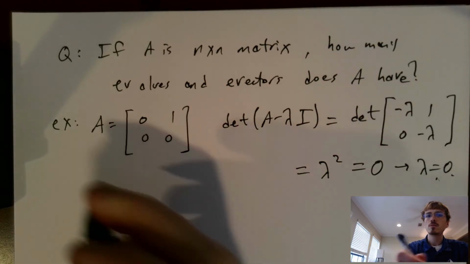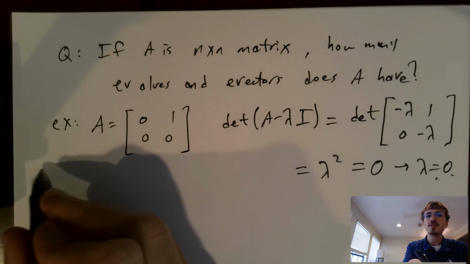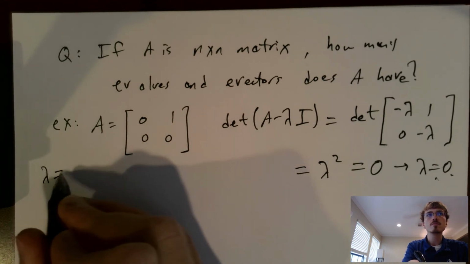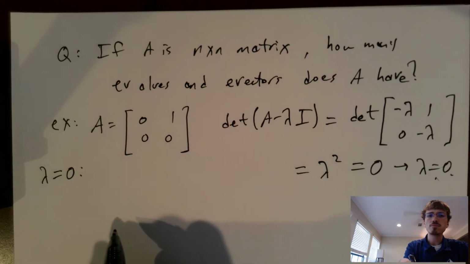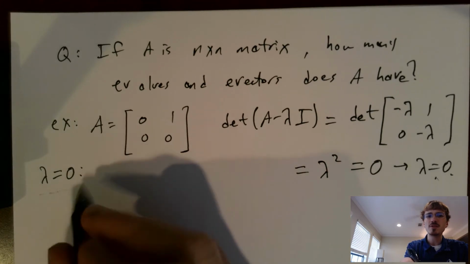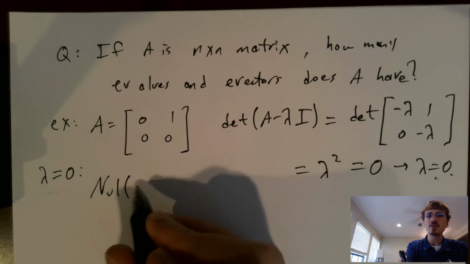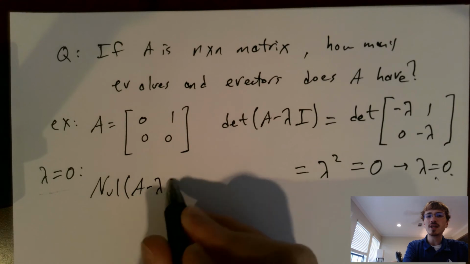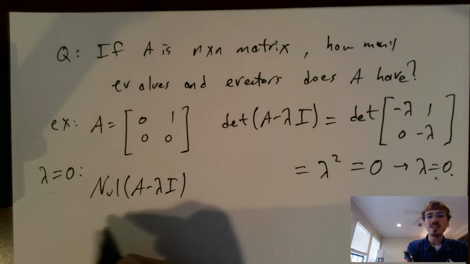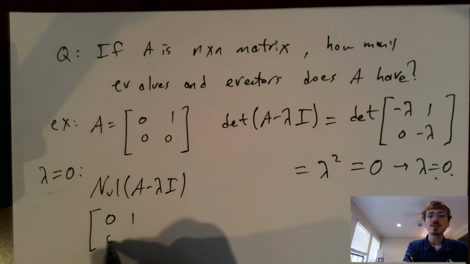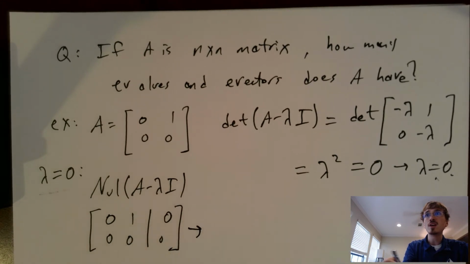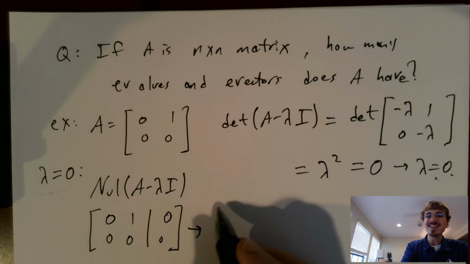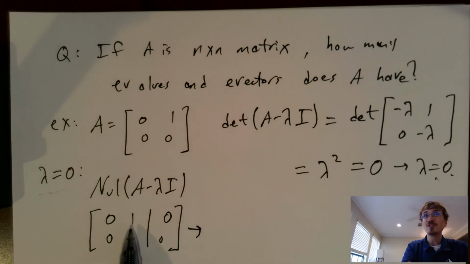Well, what do we know about its eigenspace? So if I want to find a basis for lambda 0, I want to find a basis for the null space of A minus lambda I, right? Well, that's easy. I just want to take my original matrix, 0, 1, 0, 0, augment with zeros, and I'm done. I immediately see that I have one free variable.